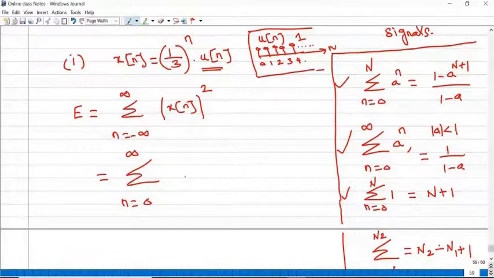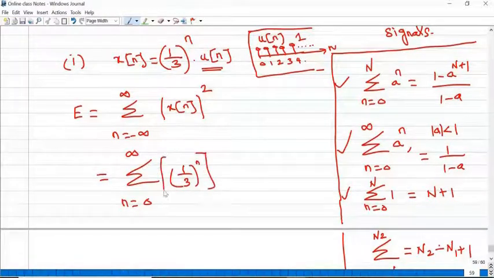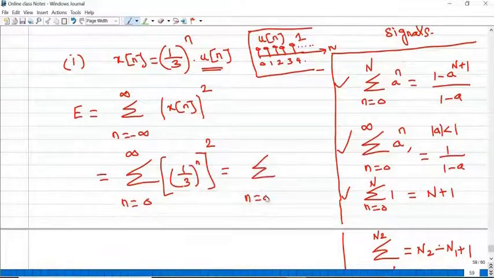Okay. Now x of n whole square, so ((1/3) power n) square. I want to rewrite this expression in the form of a power n format only. (1/3) power n whole square, so shall we write (1/9) power n?